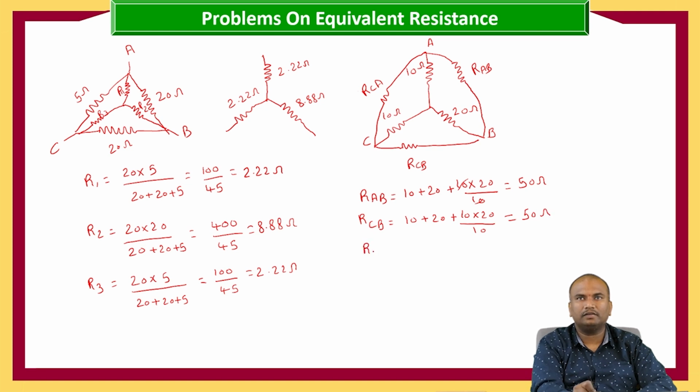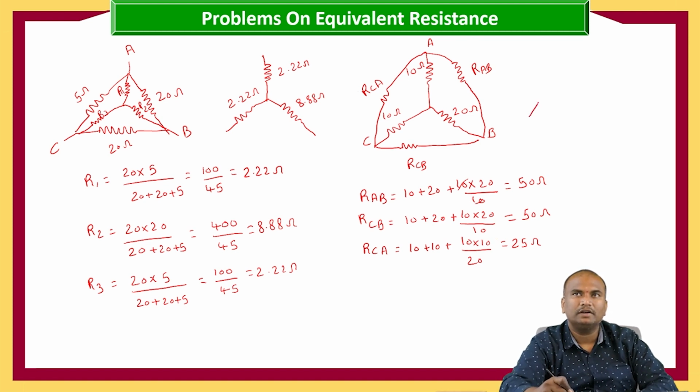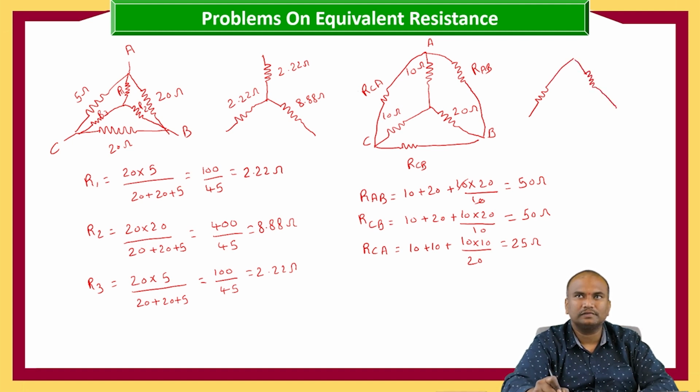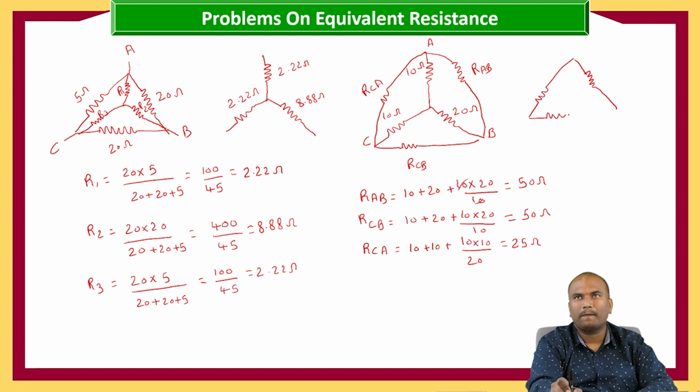And RCA is equal to 10 plus 10 plus 10 into 10 by 20, which is equal to 100 by 20, 5 plus 10 plus 10, 25 ohms. This is the way we are going to get the delta values, and the delta can be redrawn like this: 50 ohms, 50 ohms, 25 ohms.